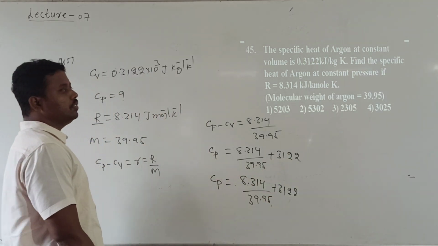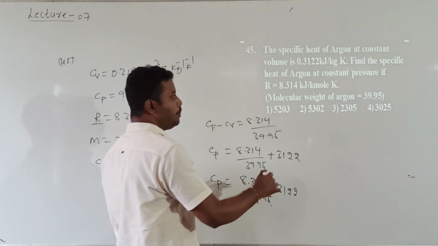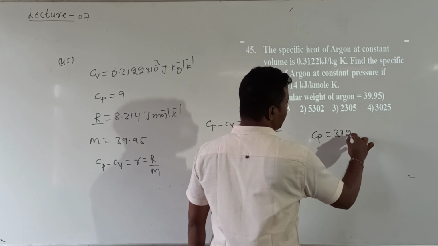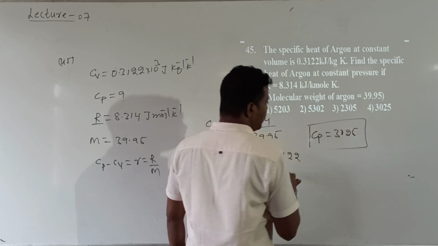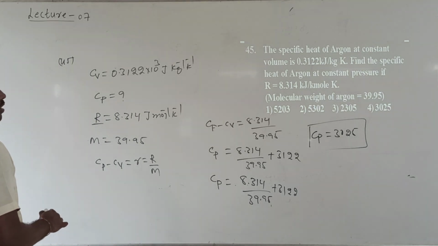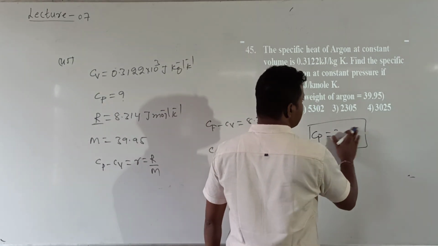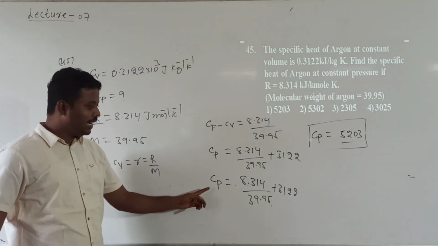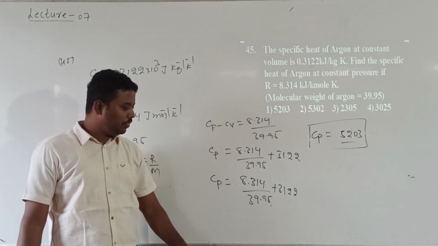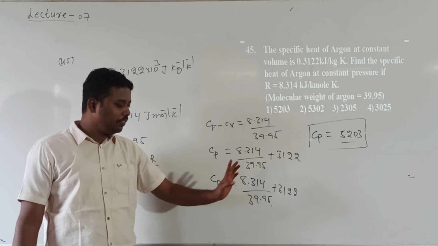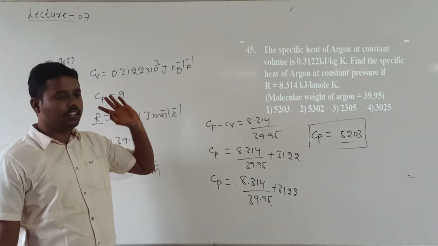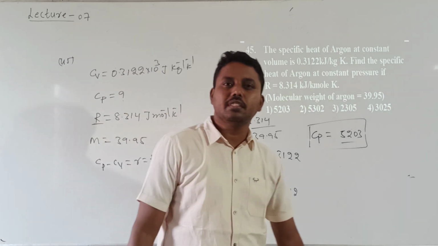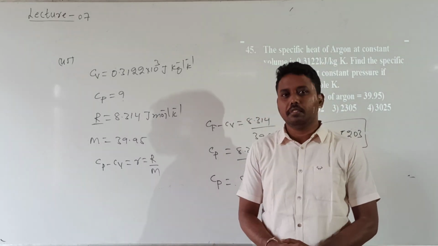Correct? So you simplify this and you will get the answer for Cp. I think approximately you will get 3020. Once you check the answer, so 3000, that is 3, not 3020, sorry. You get the answer as the first option, 520. Once you check the answer for this, check the calculation also: 8.314 divided by 39.95. So you simplify and you get that. Okay, so this is question number 45, and that's it for today's questions. The remaining questions we will continue tomorrow. Okay? Thank you.